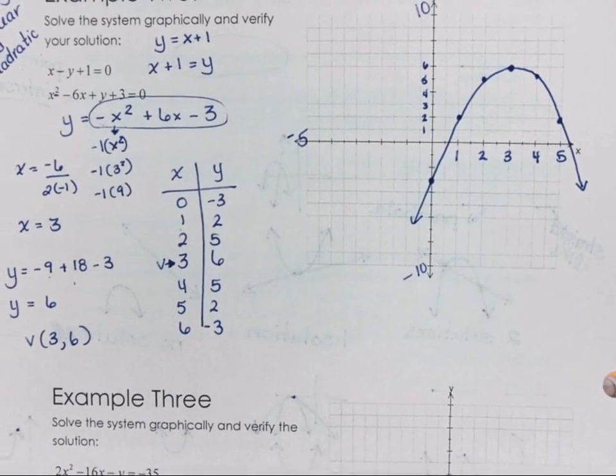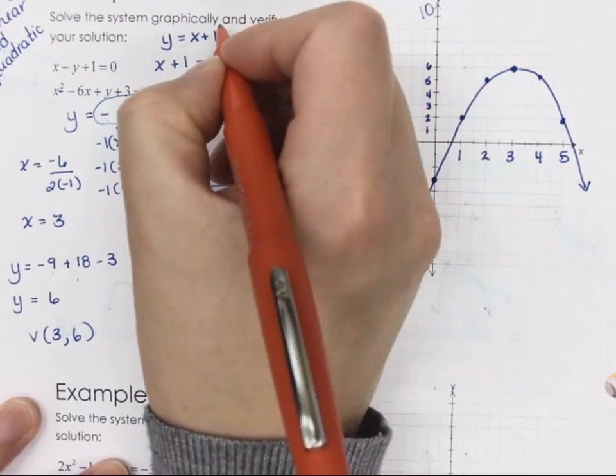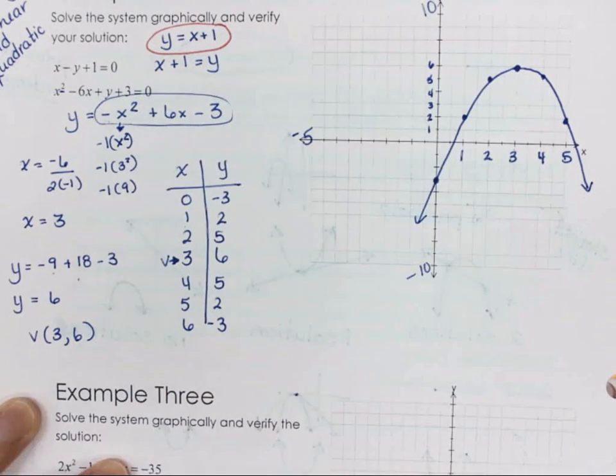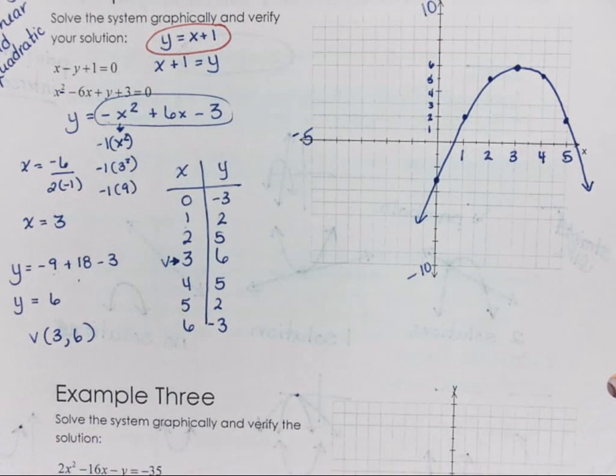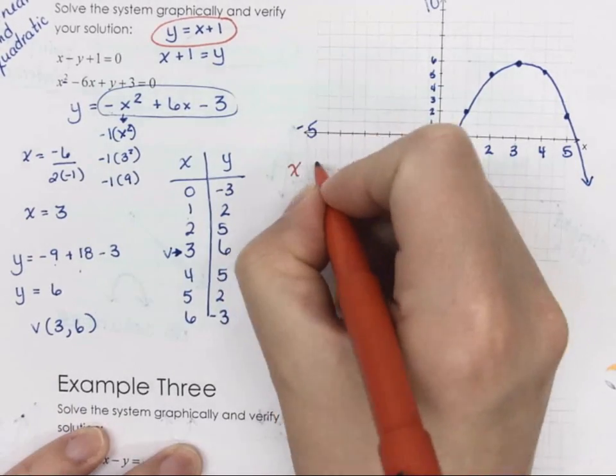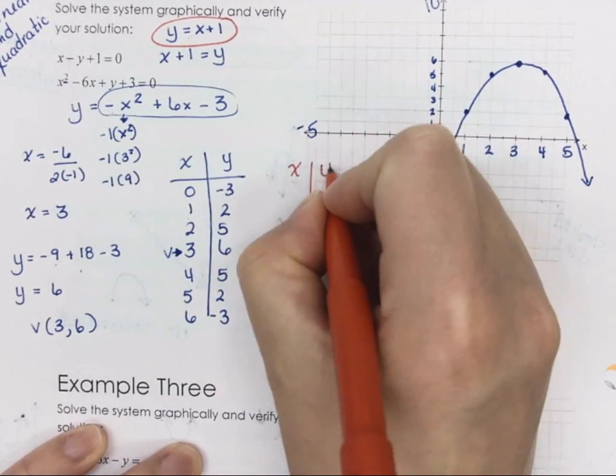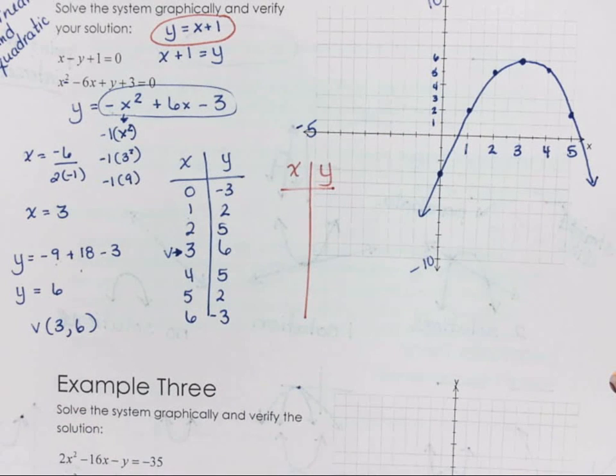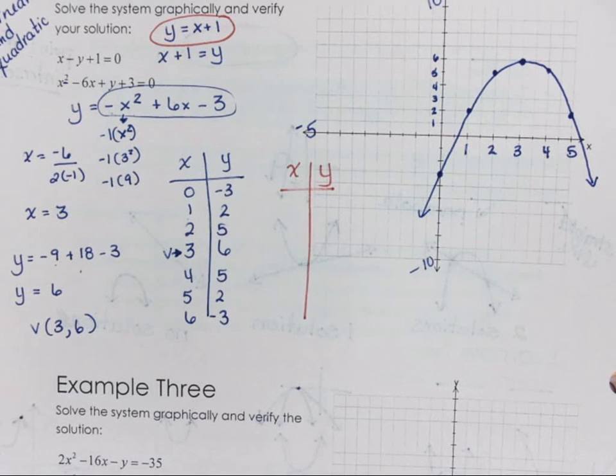Okay, so now we got our parabola. Now I want to graph this thing here. So let's do a table of values for this. I like table of values for graphing, finding solutions, because we know where the point is. I don't know where to start with this one.